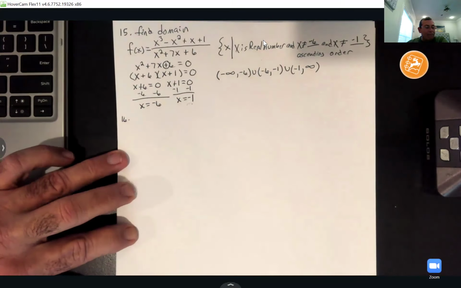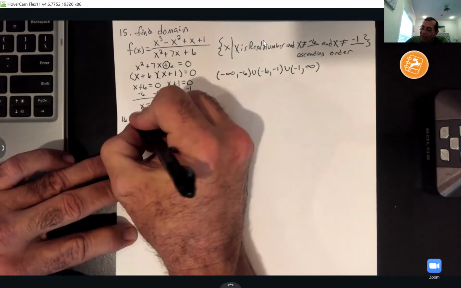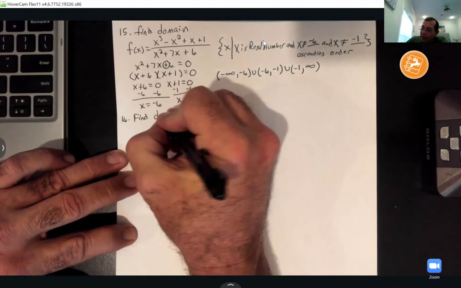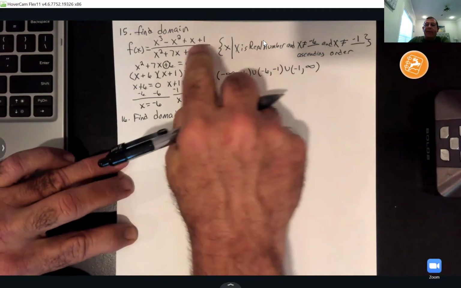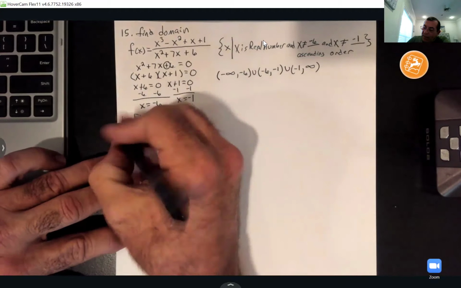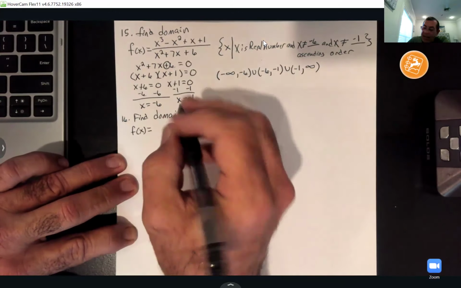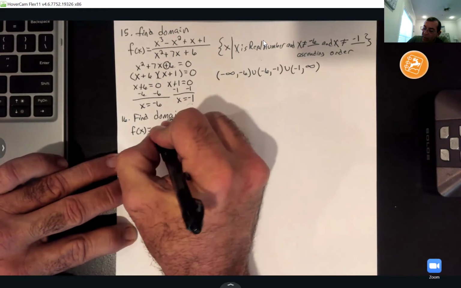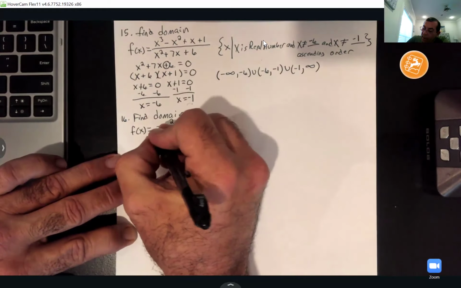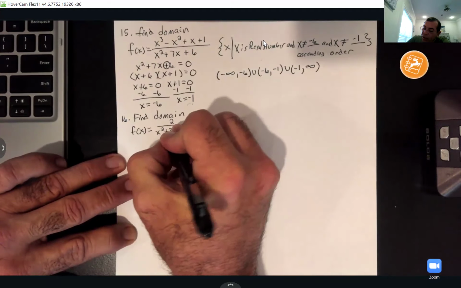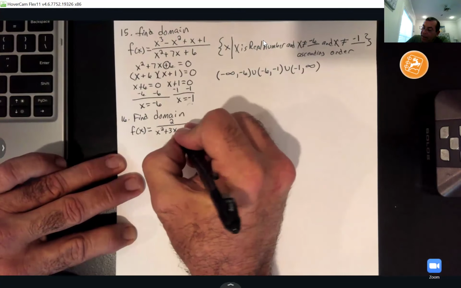All right, y'all, guess what? The next one, find the domain. So this one came from 5-1. This next one came from 8-5 section. And it has a 2 on top over x squared plus 3x minus 28.